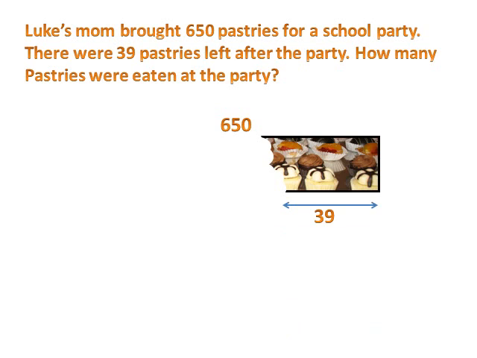Can you see that? So after the 650 pastries, some people started eating them, and now there's only 39 left. The question is, how many pastries were eaten at the party?